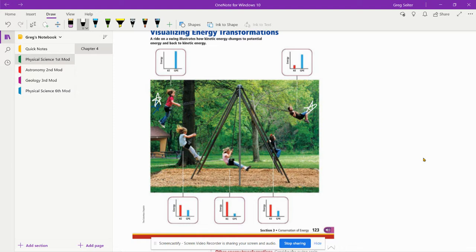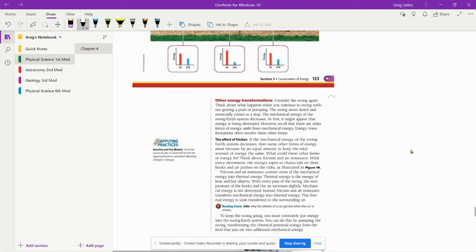As you're starting to come down, kinetic energy goes up, gravitational potential energy goes down. When I'm at the lowest spot, the lowest gravitational potential energy, the highest kinetic energy. As we start to climb, kinetic energy starts going down, potential energy goes up. All right, that's the way energy transformations take place.